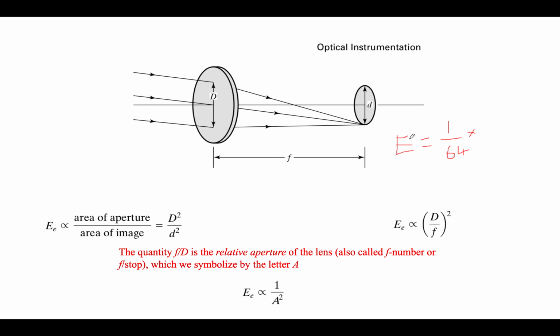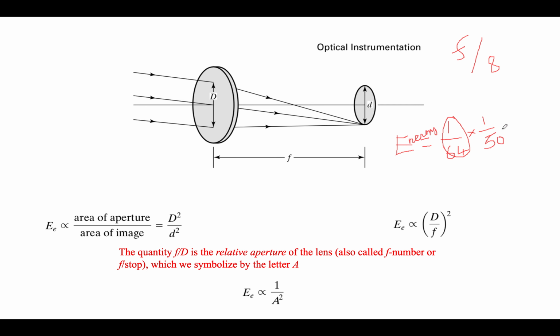So the total energy then, this is not irradiance anymore, I'm writing total energy, is the irradiance, which is 1 over A squared, 1 over 64, divided by 1 over 50 seconds. See where we are getting this from? We were given an f number of f over 8, and this denominator 8 is really the number A. So you can get the irradiance by doing inverse square. That's how we got 1 over 64. And then the exposure time is 1 over 50.